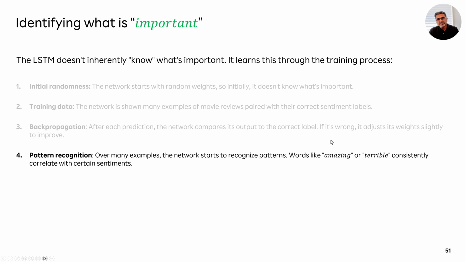But what happens here is that because of this long-term memory and because the gradients are not vanishing, it will start to make correlations with words like amazing and terrible, even if they appear much earlier in the sentence or much earlier in the sequence. Because of the additive property of the long-term memory, it will start to associate the right sentiment.